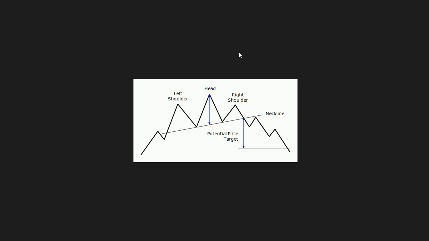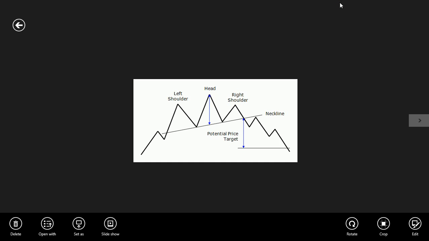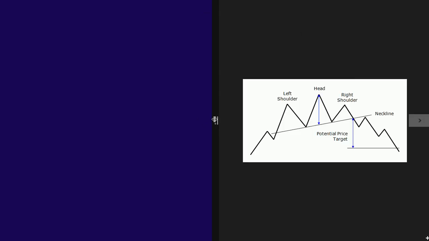Okay, there it is. So this is a nice head and shoulders. Characteristic of a head and shoulders. This is annoying.